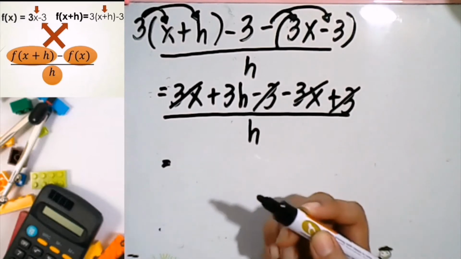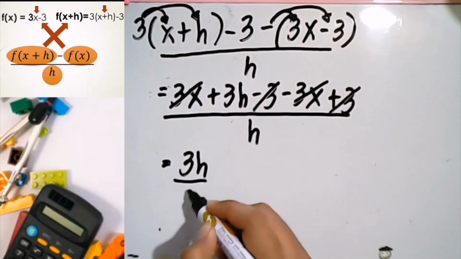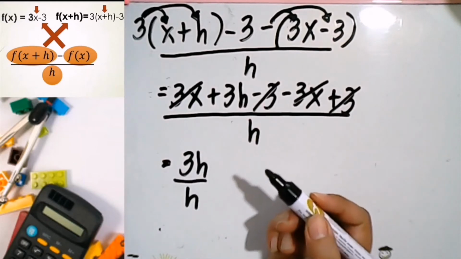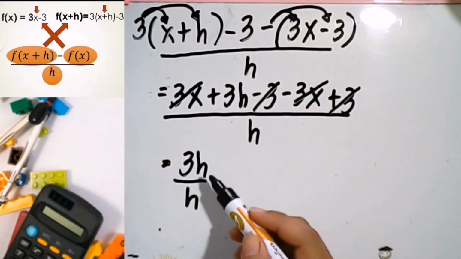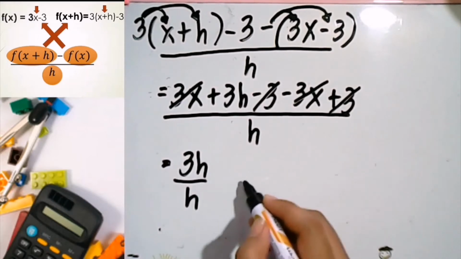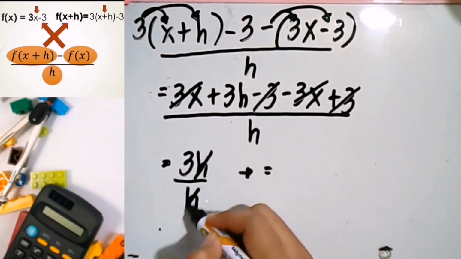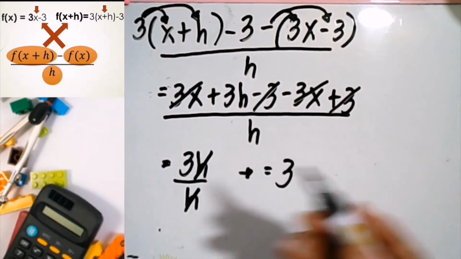Therefore, the answer is 3h all over h. Now, is that simplified? Not yet, because we can cancel out h and h. Therefore, the answer is equal to 3. That's the final answer.